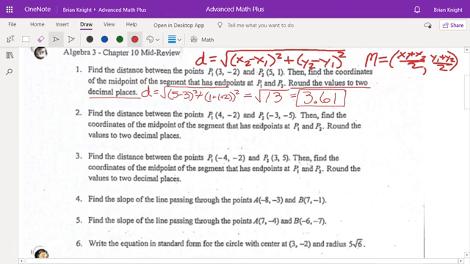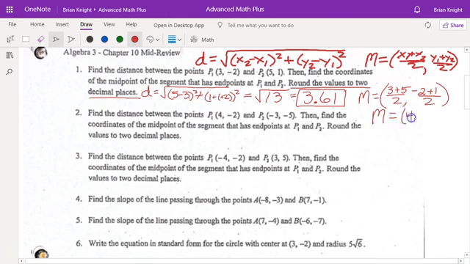Everybody good? Pretty simple. Midpoint, add them up, divide by 2. So we're going to have 3 plus 5 divided by 2 and negative 2 plus 1 divided by 2.